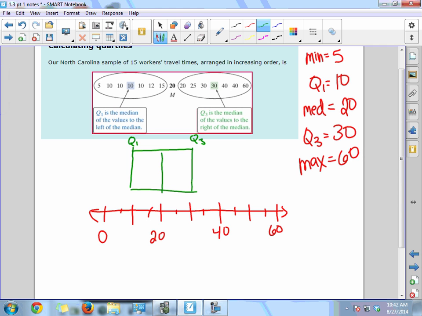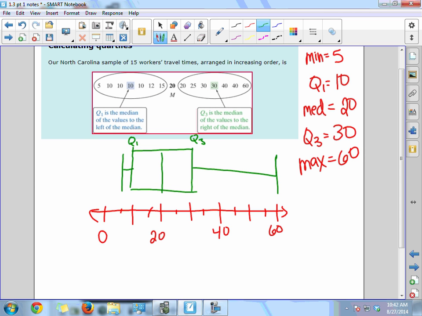And then my minimum is going to be 5, and my maximum is going to be 60. So I draw one little line, and then I put a mark that indicates that's the minimum, and then I draw another line from Q3 to the maximum, and then put a little mark where that was the maximum.